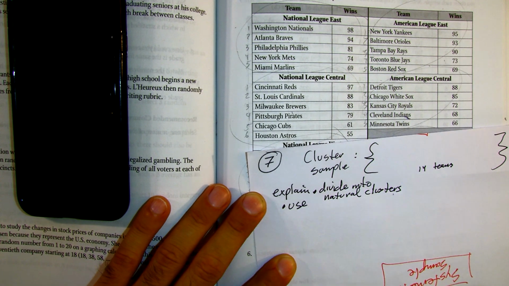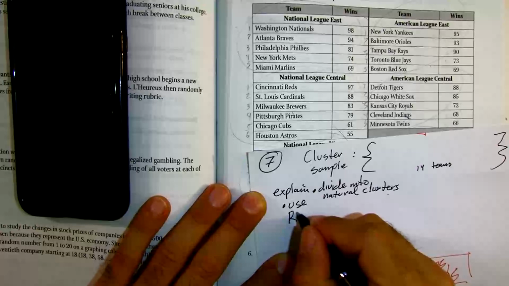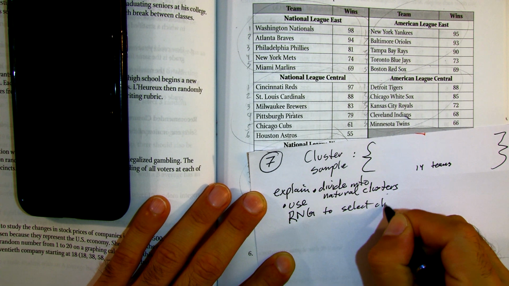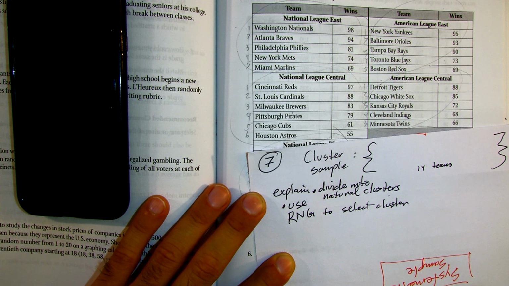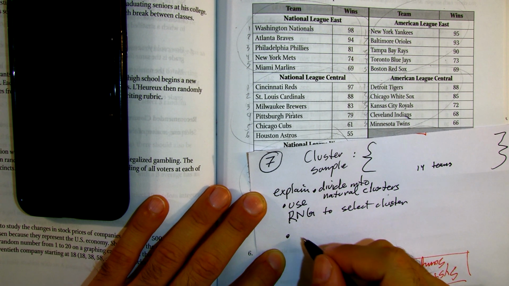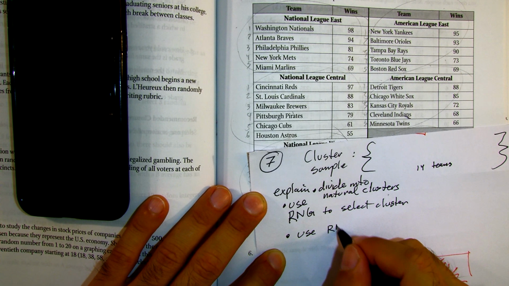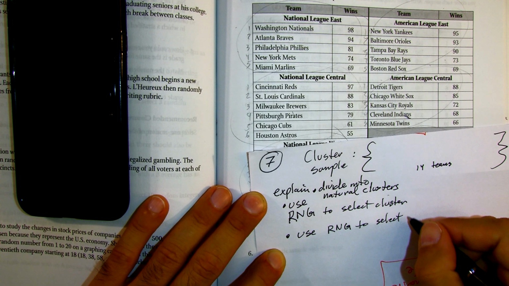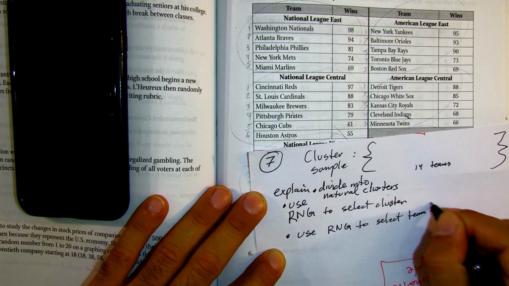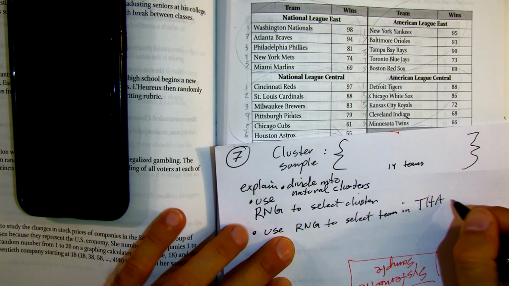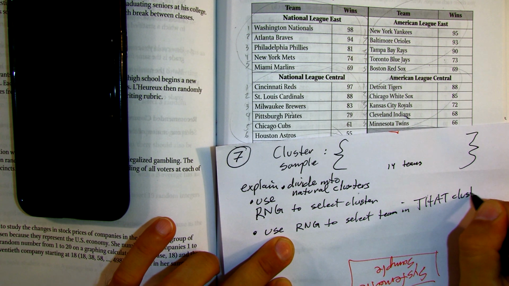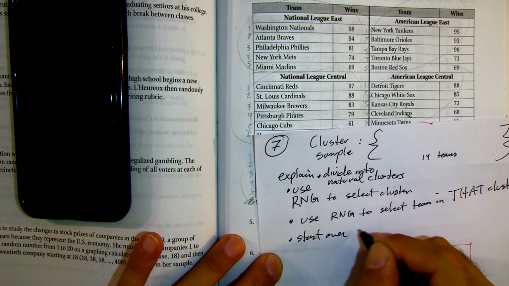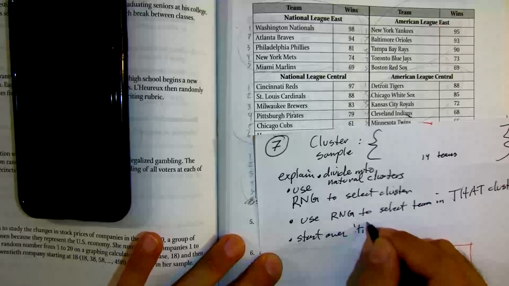Lastly, use a random number generator to select team in that cluster. And then we're going to just start over till 14 teams selected. Yeah, that's what we got to do. No problem. Let's do it.